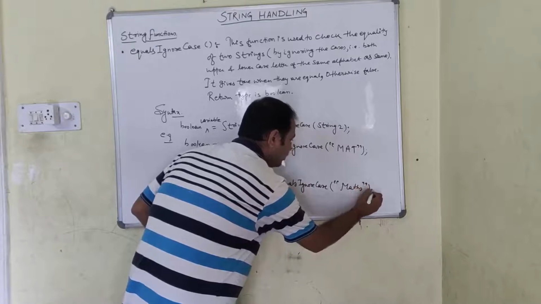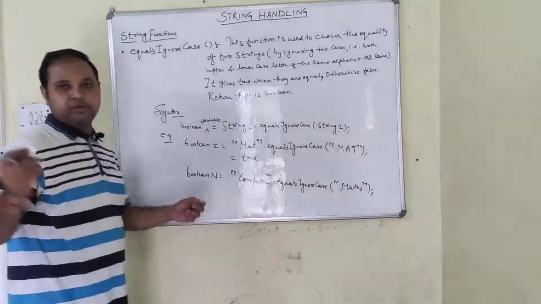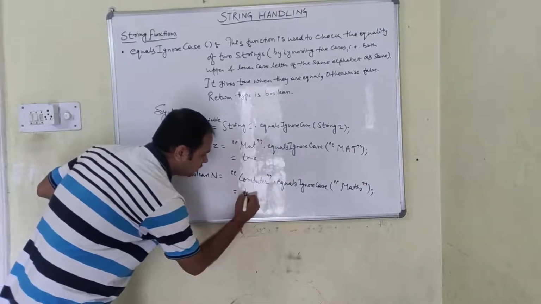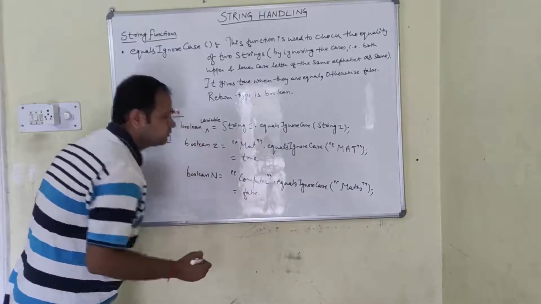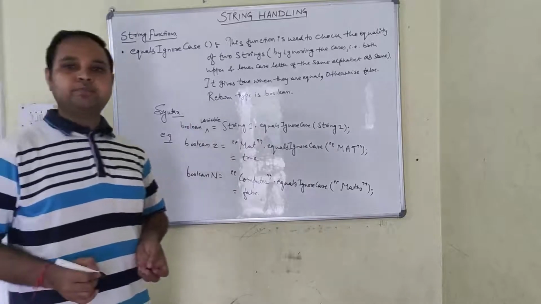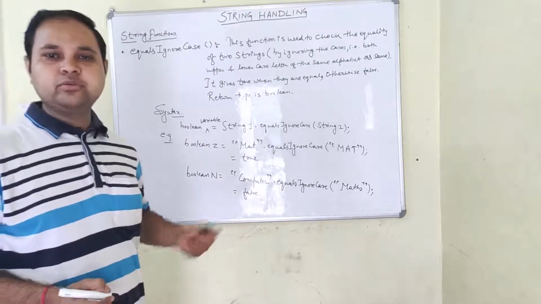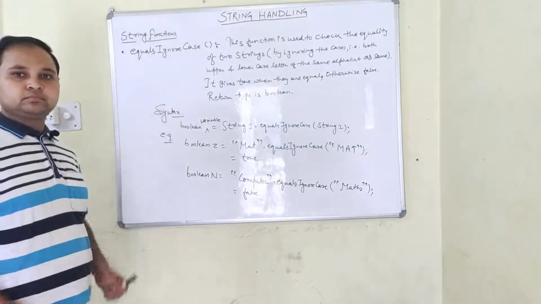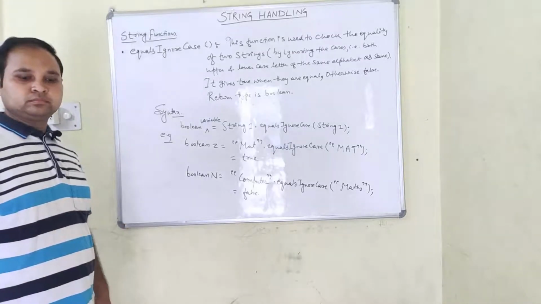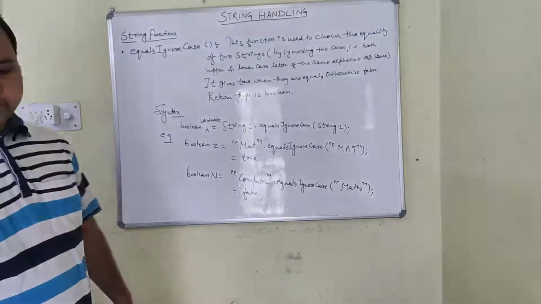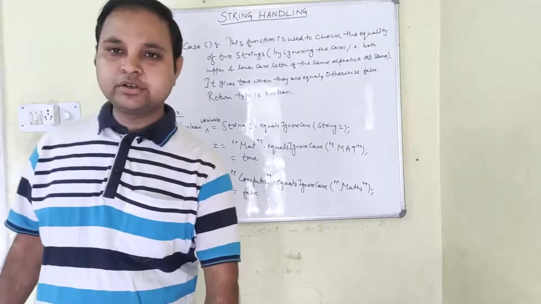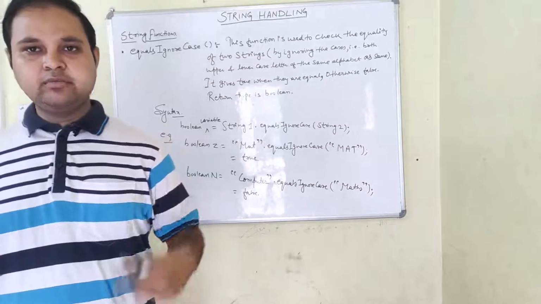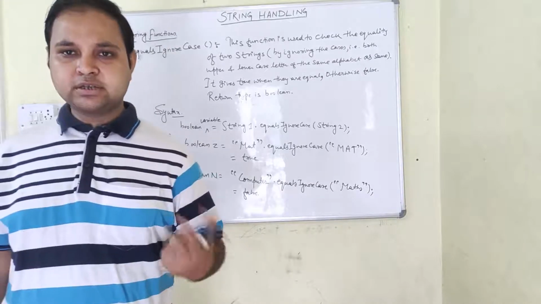So as you all know, computer and maths are different words. So this will give you the output as false. I hope this function is clear to you. Okay, please note it down. Next, I will go to the functions compareTo and trim, then we will go to endsWith and startsWith.